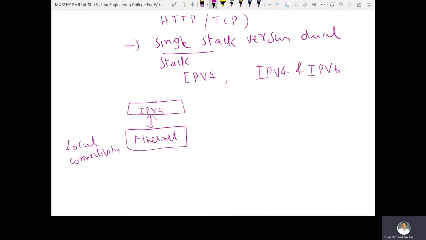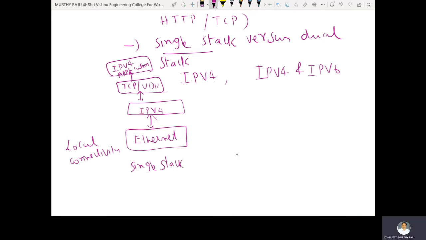In the transport layer, TCP and UDP. And finally, you'll get the Internet Protocol version 4 application. In some cases, this is the single stack.